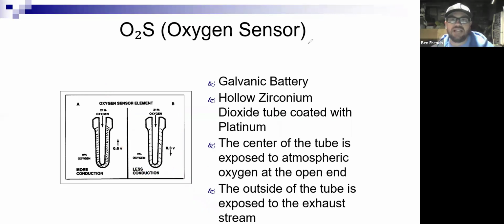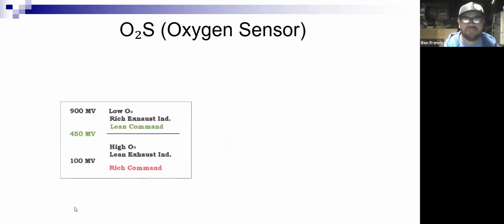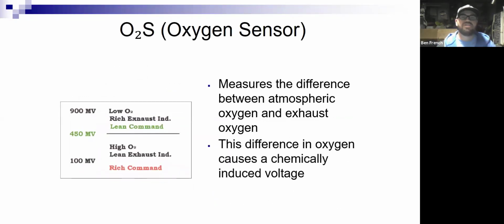So that's a shortened, condensed version of how an O2 sensor works. It measures the difference between the air outside and inside the exhaust. The difference of those two chemically causes a voltage to be produced. And again, think lean is low, or lean is less.